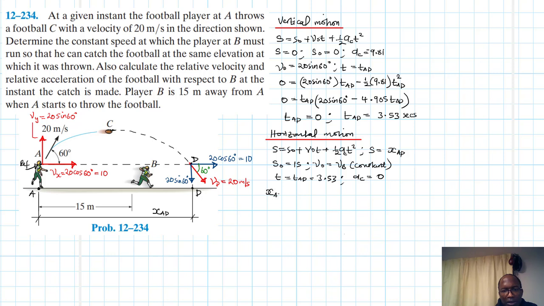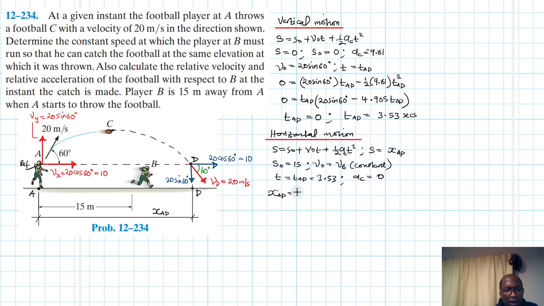x_D is just going to be equal to s naught, which is x naught. For x_D, x naught will be 0.